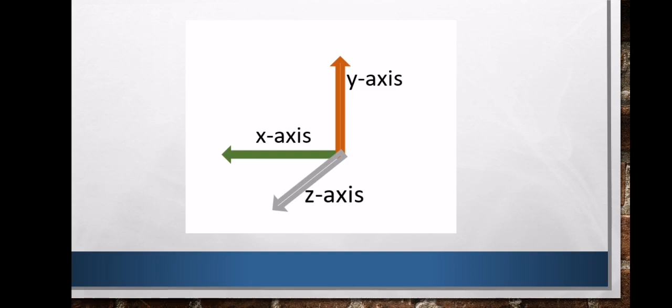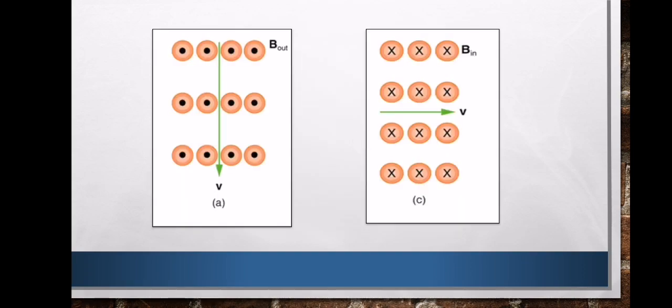Through your palm. Another concept that we have to know in identifying the direction of the magnetic force is these two illustrations on your screen, letters A and C. This will give us an idea on the movement of a charged particle, a proton, for example.